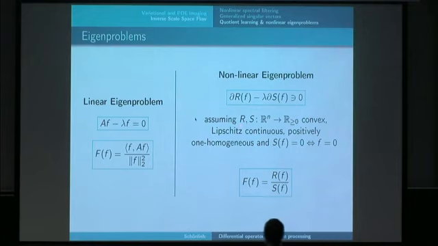Then it turns out that for this to hold, this lambda here actually is nothing else than just the quotient between r and s. And just to compare this with the linear eigenproblem, in the linear eigenproblem you have A f minus lambda f, and the Rayleigh quotient being this guy here.